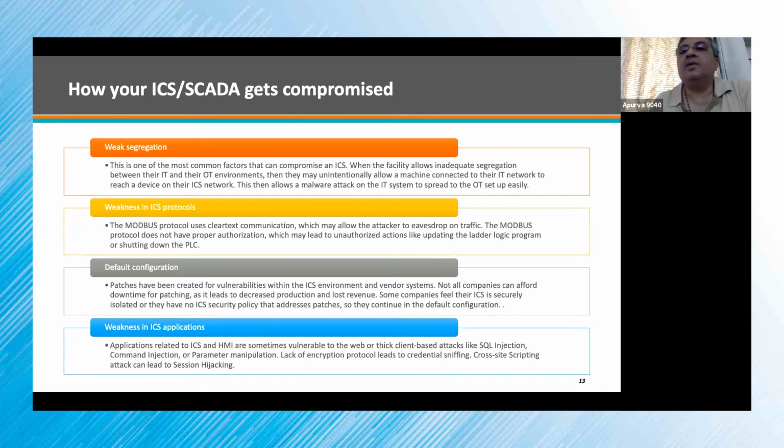You do the application penetration testing, and then only release for production. So I have just given some critical high level things on how SCADA gets compromised. There are a lot more points where there can be a compromise on the SCADA system.